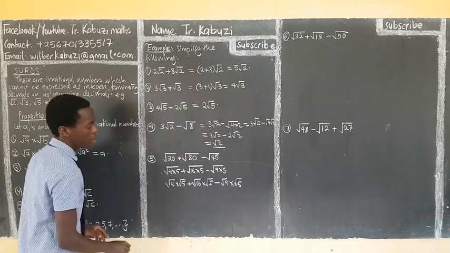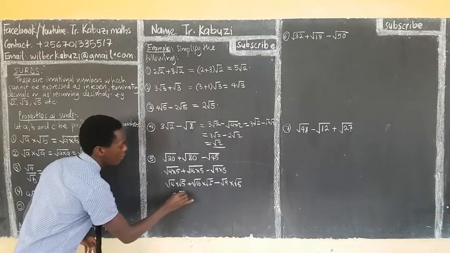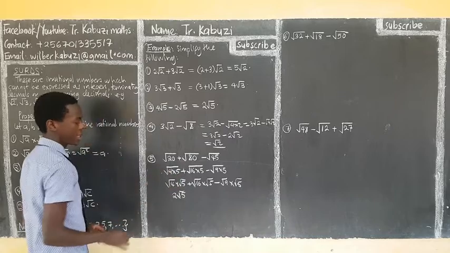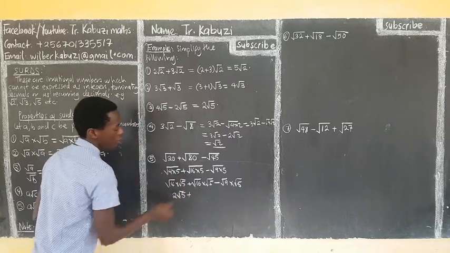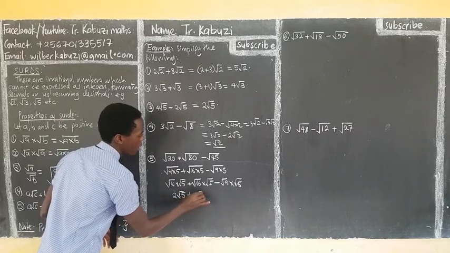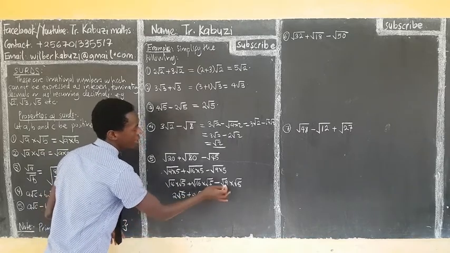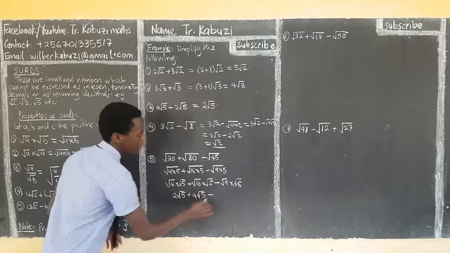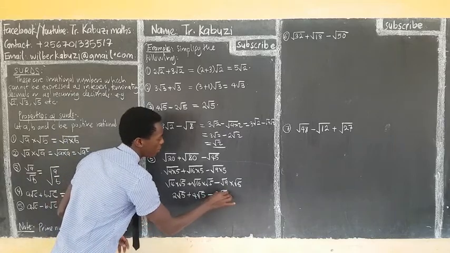So root 4 is 2, root 5. Then plus root 16 is 4 times root 5, you get 4 root 5. Then minus root of 9 is 3 times root 5.